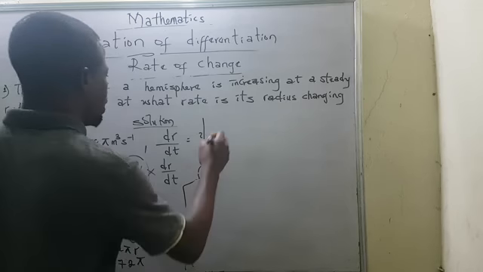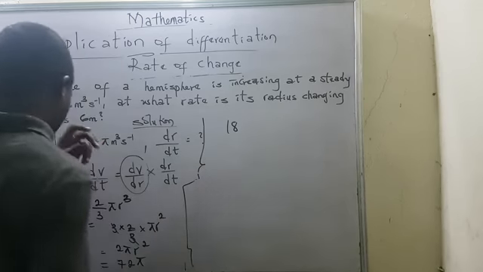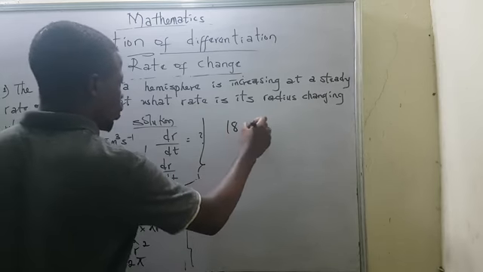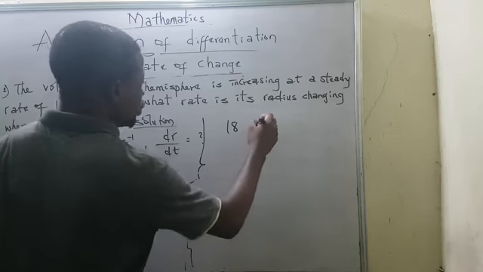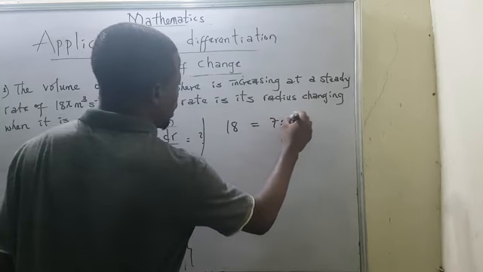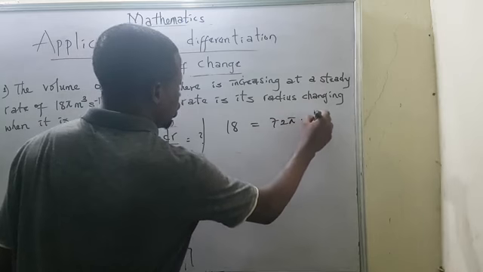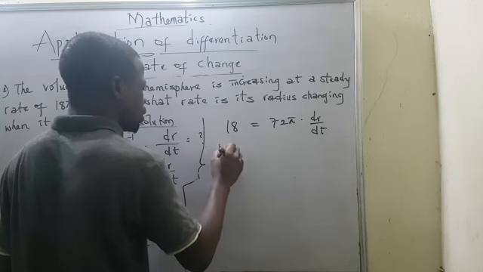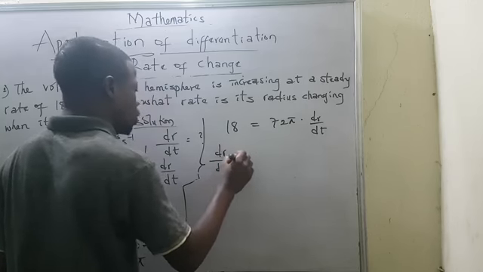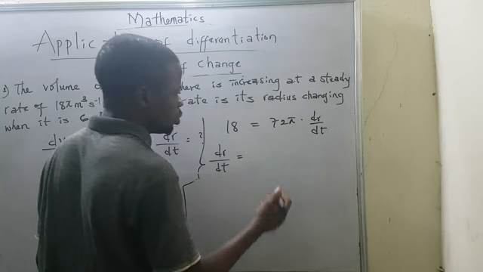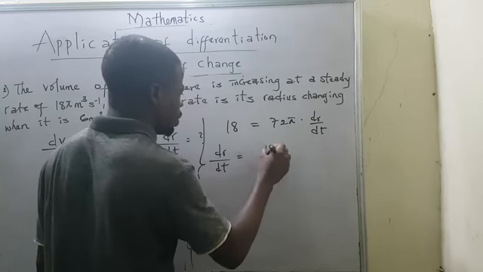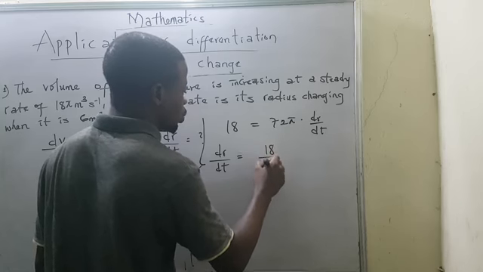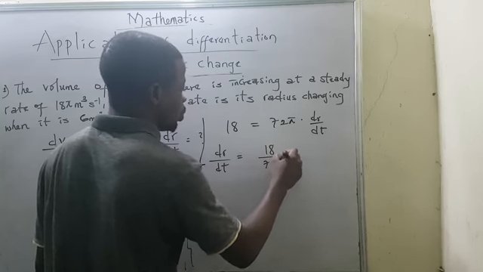So 18 can be equal to 72 pi times dr/dt. So dr/dt, by the time you divide both sides, you have 18 upon 72 pi.